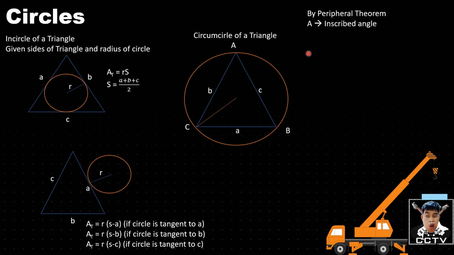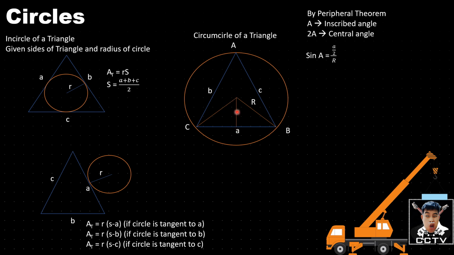By peripheral theorem, ito A, inscribed angle yan, at ang central angle mo dito is 180, right? 180 yan, and that is 2A. Ay, no, I mean this one pala. Sin A is equals to A, kasi ito, 2A to, diba? 2A.